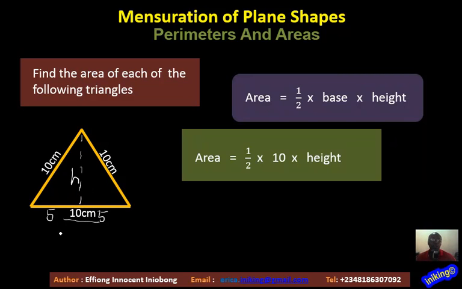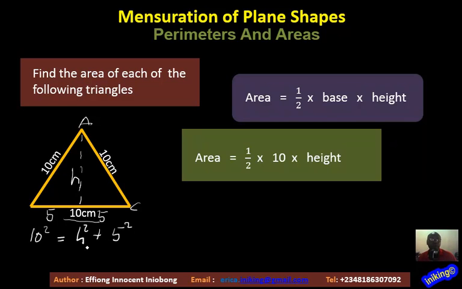Looking at this triangle, let me call this A, this B, and this C. You can see triangle ABC is a right-angled triangle, where we can say that 10 squared is equal to h squared plus 5 squared. That is the hypotenuse squared equals h squared plus 5 squared.